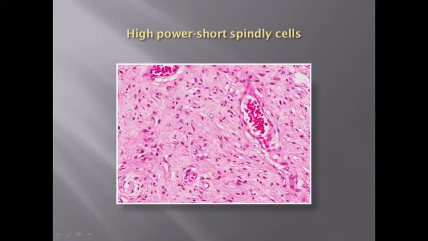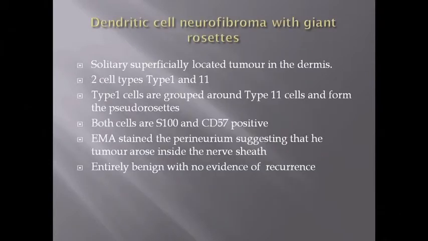At high power of the spindle cells, you see that the cells have a kind of neural or very edematous neural background, and they are short spindly cells. So this is a dendritic cell neurofibroma with giant rosettes. Now, how did I make that diagnosis?